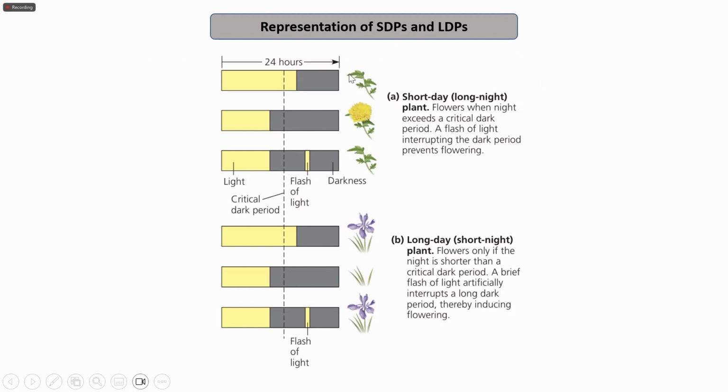In the short day plants, you can see that there are three conditions. This middle dotted line, the break line, shows the critical period.